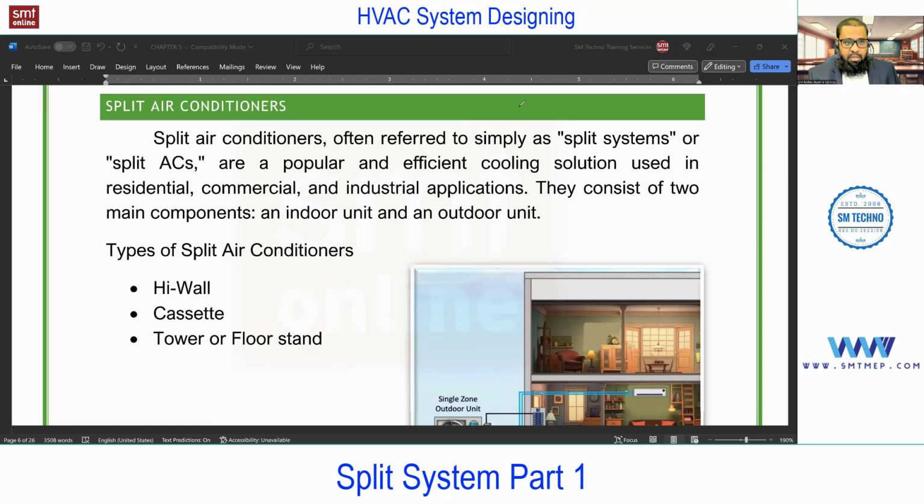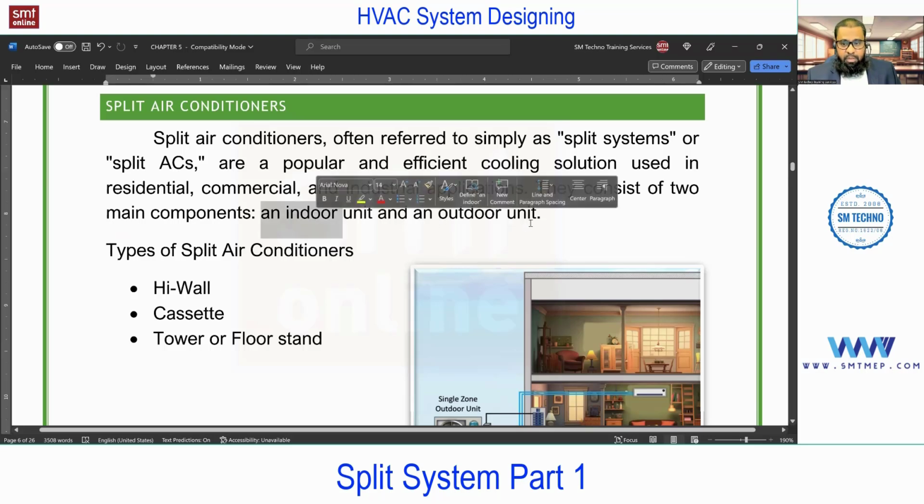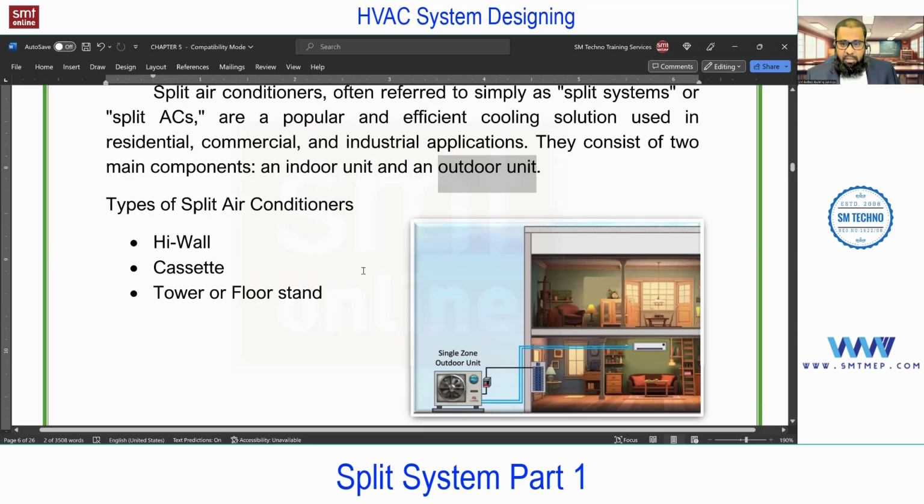Now you see what the different types of split are. The major point: the split consists of an indoor and an outdoor unit, compared with the window. And remember, the 4 major components we discussed in the vapor compression cycle, the same we use in window, and in split also you'll find the same components.